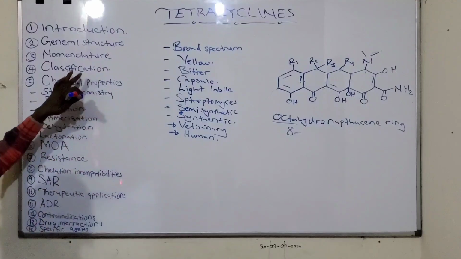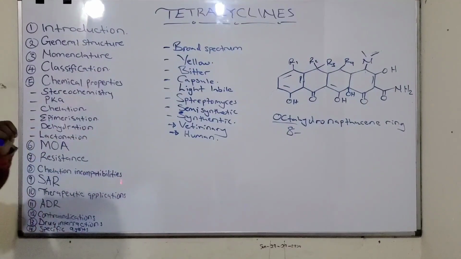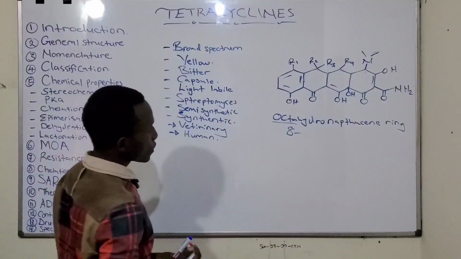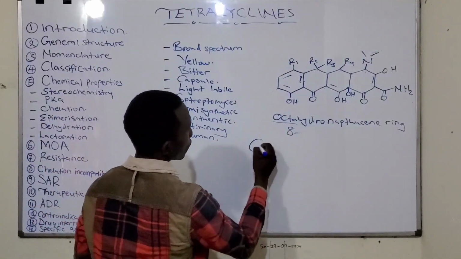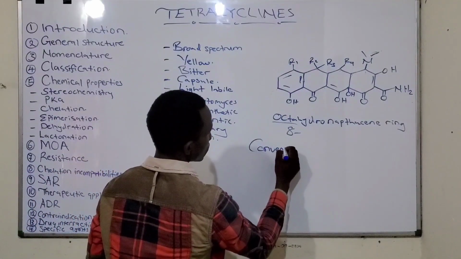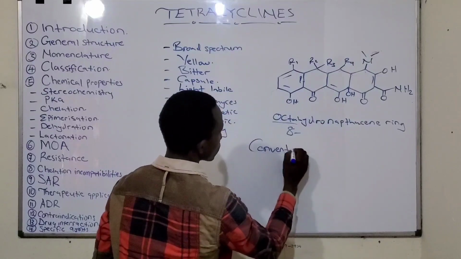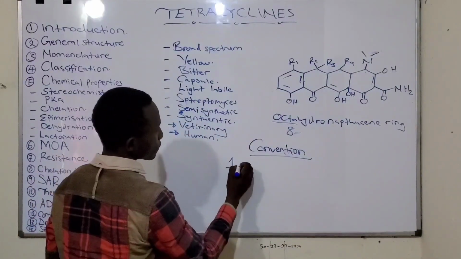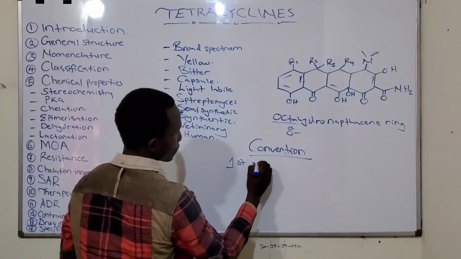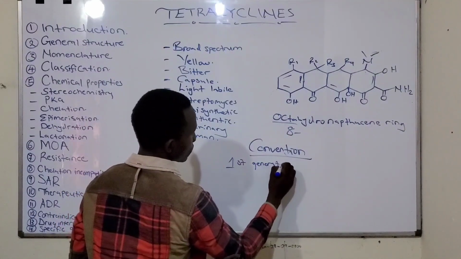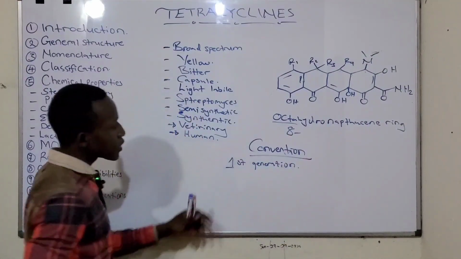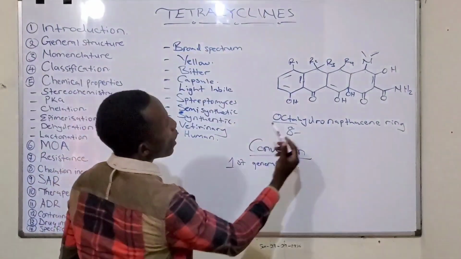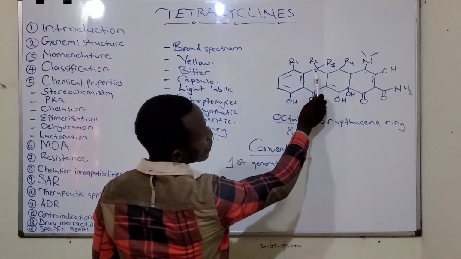Now, when it comes to classification, tetracyclines can be classified in different ways. We can classify them in the conventional classification, where we have the first generation. In the first generation, we have those tetracyclines which have the OH group at position 6.